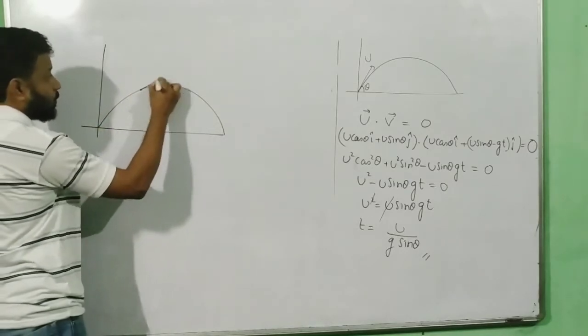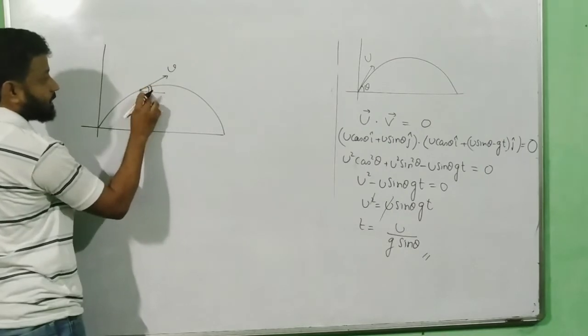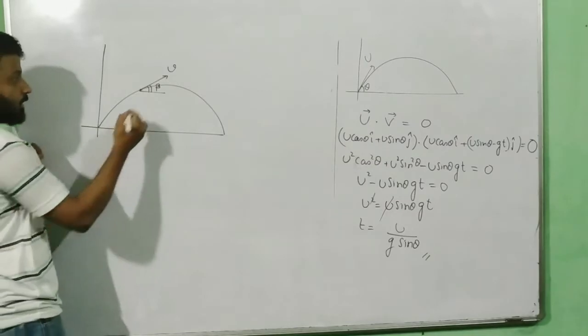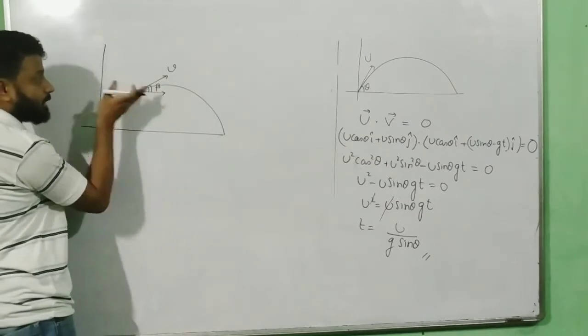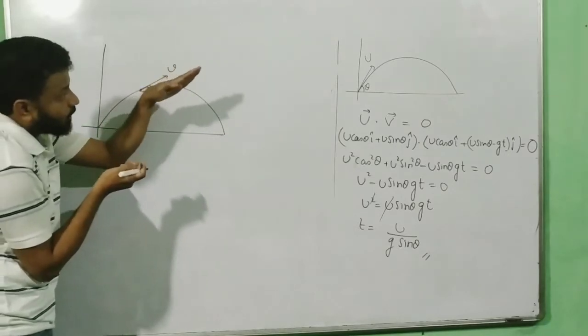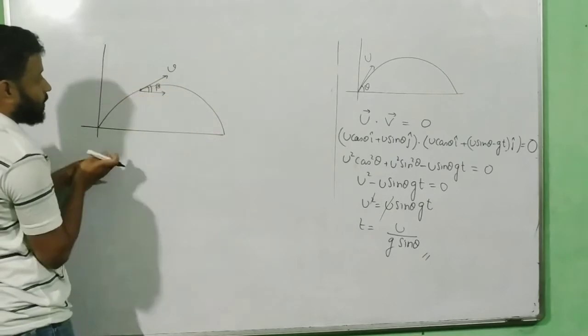If you want to know the angle made by the velocity with the horizontal, I call that angle beta. This tells you how inclined the velocity is with the horizontal.